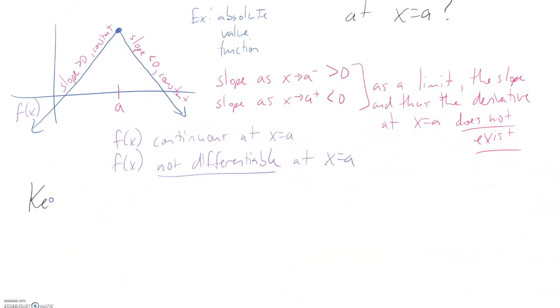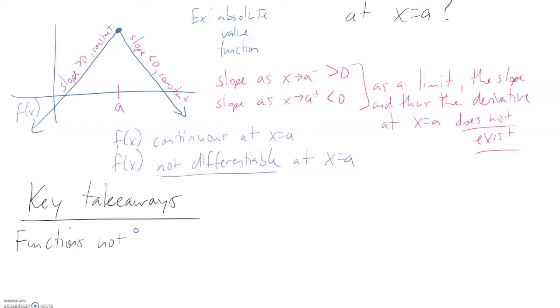And so this leads to a few key takeaways I want you to have from what I just discussed. First, functions are not differentiable at a few key spots. They're not differentiable at any place where a function would have a discontinuity.